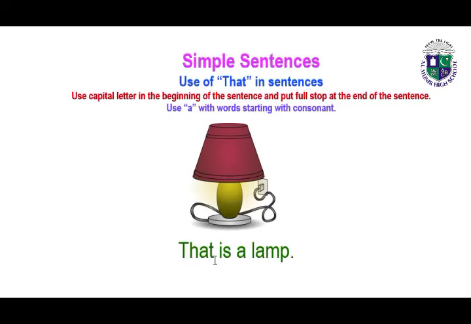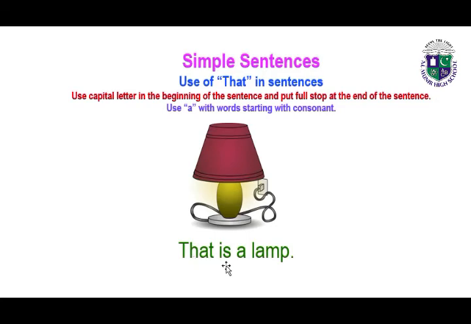So, that is a lamp, and we put a full stop at the end of the sentence, and we use a with the word which starts with a consonant letter, and this word also starts with a consonant letter. That's why we are using a here.